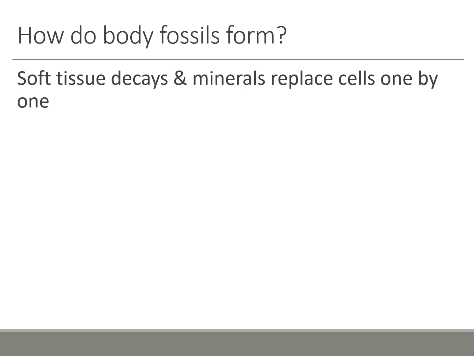And when these bones and teeth get buried, again, more on that later, the groundwater with all of its minerals saturates these bones and teeth, and the minerals in the groundwater slowly replace them at the cellular level, one by one, cell by cell.